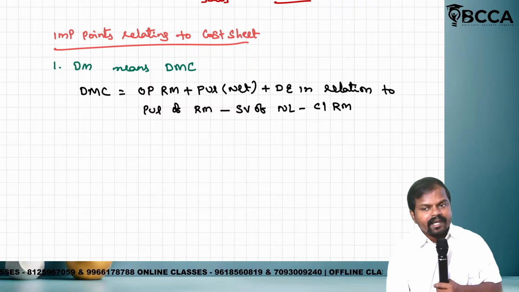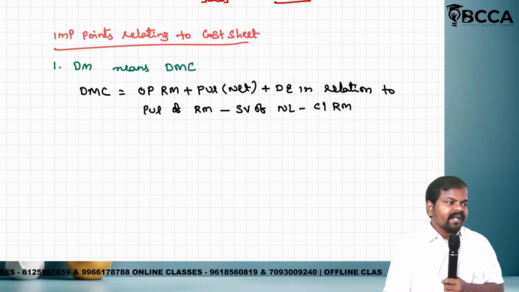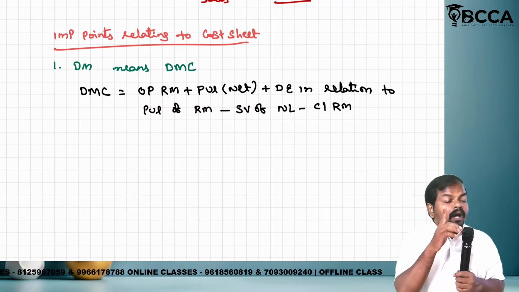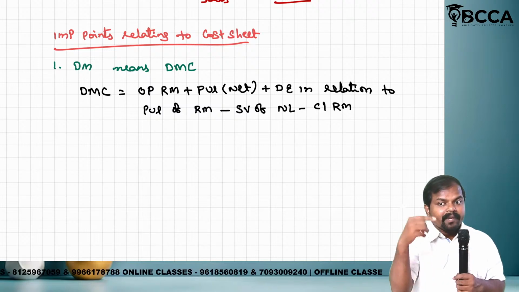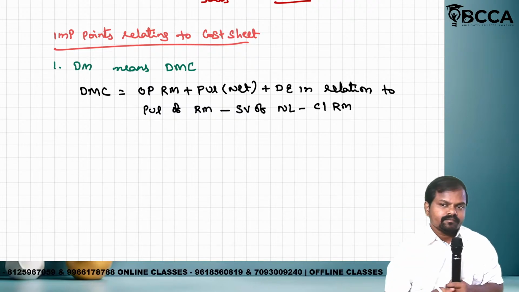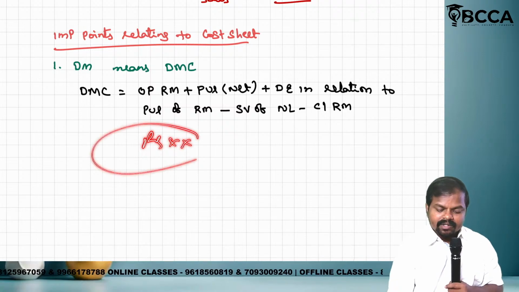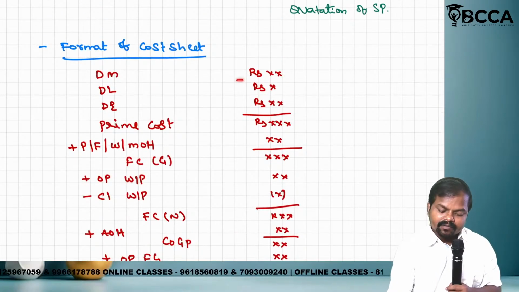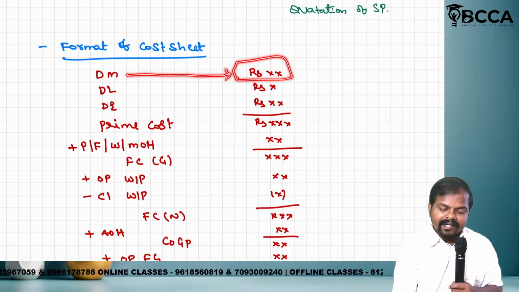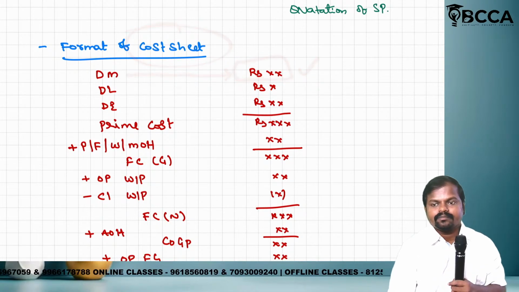If you solve the equation, you get a certain amount. Such amount shall be filled corresponding to DM in the first line under the cost sheet. This amount will be copy pasted corresponding to direct material under the cost sheet.